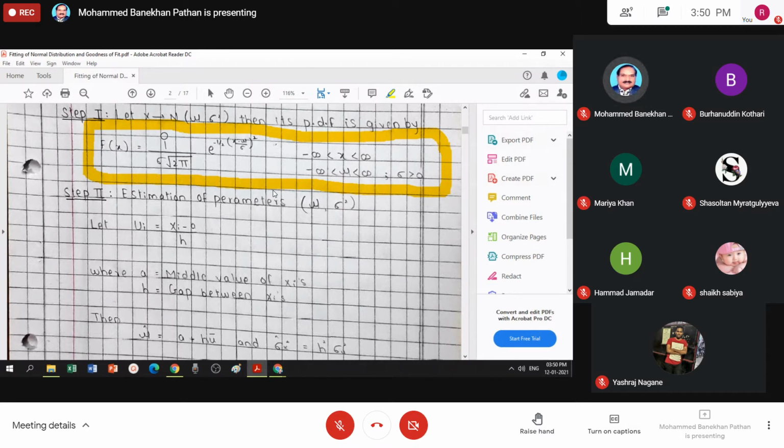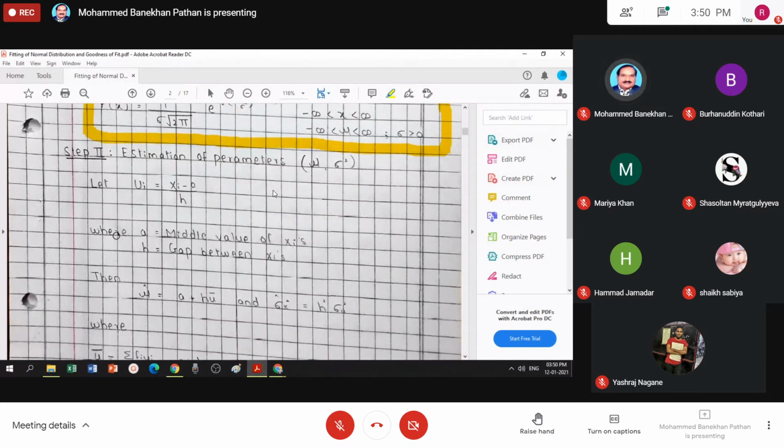In the case of the normal distribution, x is a variable, and mu and sigma square are unknown constants labeled as parameters. So the first step is to write a PDF. The second step is to estimate the parameters. Spelling should be corrected, P-A-R-A.